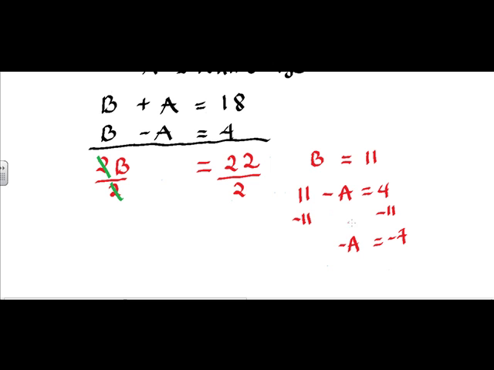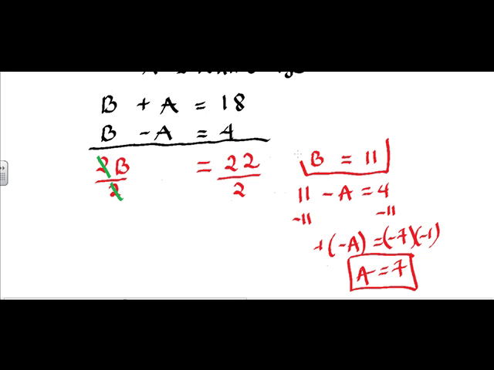Multiply both sides by minus 1 to cancel the minus sign out. So A equals 7. This is your answer. Anne is 7 years old and Ben is 11. So that's the answer.